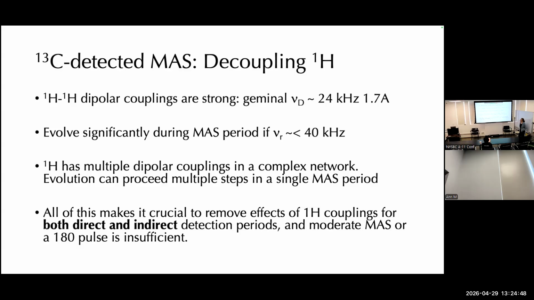You start out with the coupling not being encoded in any way in the spin state, it's just Ix. And by the time the rotor period finishes, in one rotor period, you fan out to an anti-phase coherence or more. And I say or more because every proton in your sample has multiple neighbors.